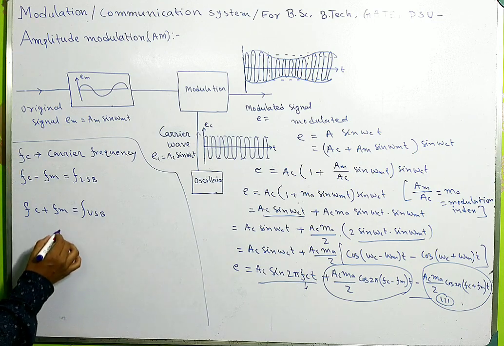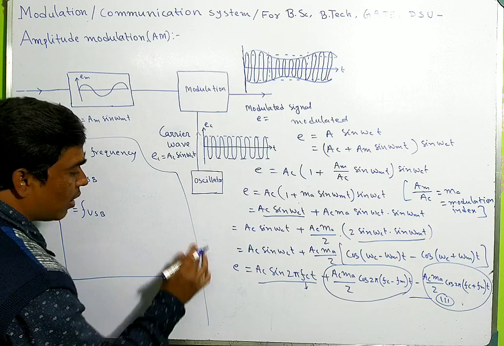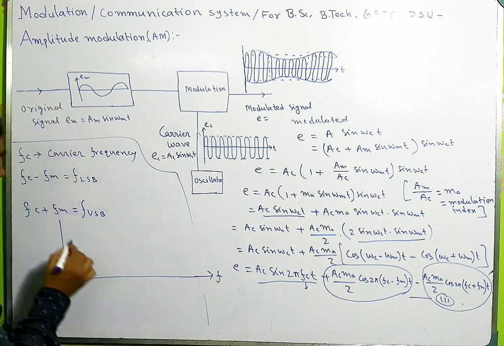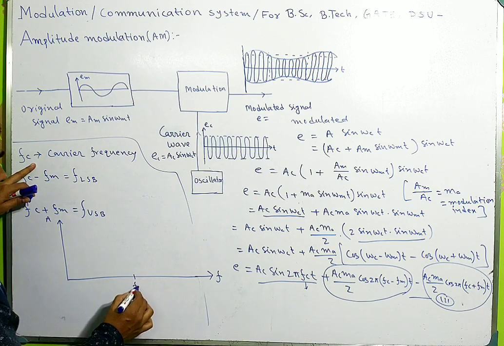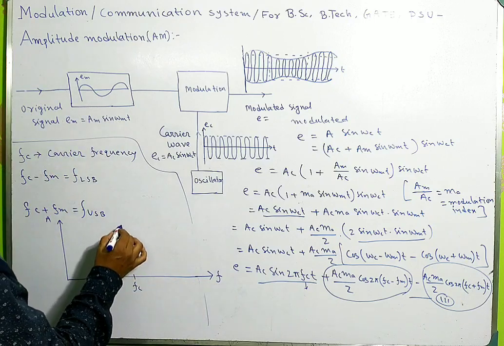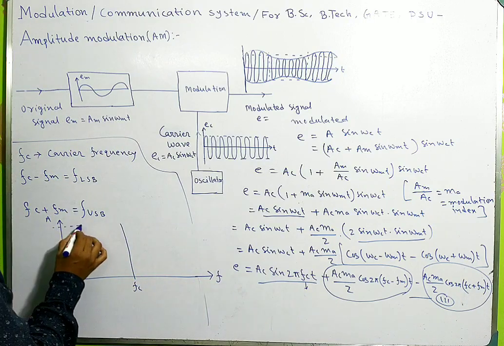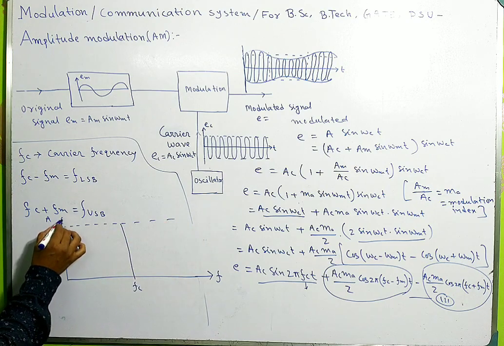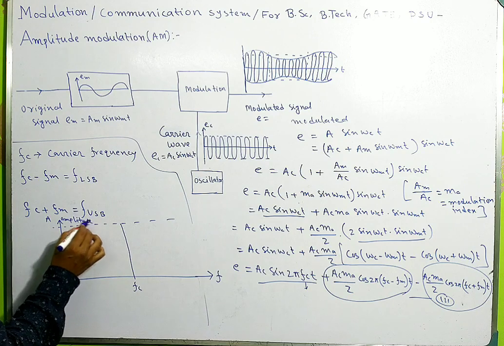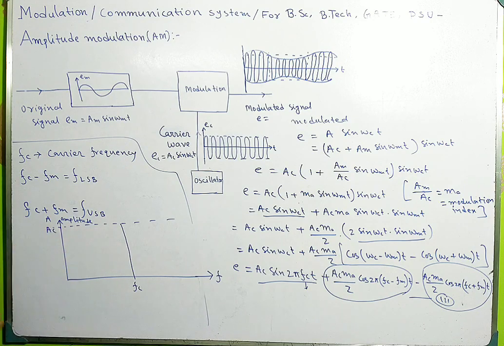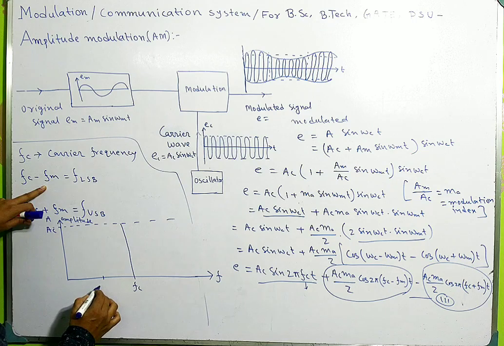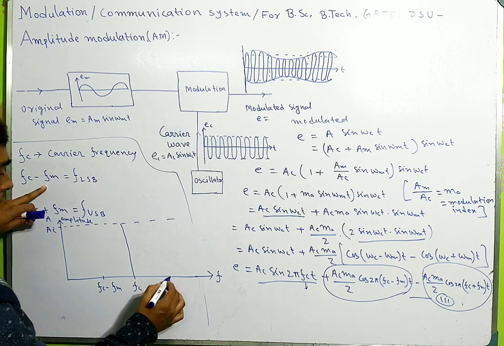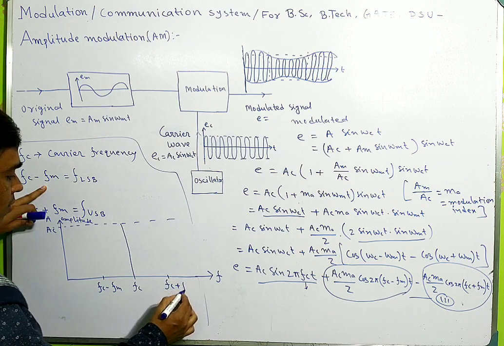So if I draw frequency versus amplitude, suppose this is f_c, the amplitude is A_c. Then the lower side frequency is f_c minus f_m, and this is f_c plus f_m.